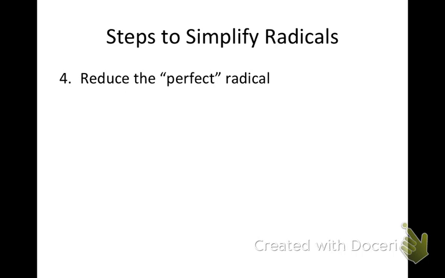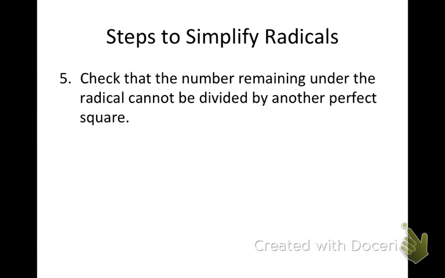Step 4, reduce the "perfect" radical. And I put perfect in quotes because that's going to be the one with the perfect square underneath it. And then step 5 is very important. This is where you're going to not get your answers correct because you'll forget to do this.